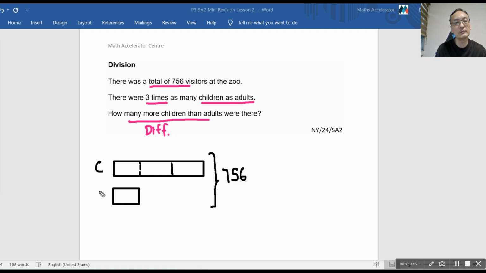So these are the children, these are the adult. As you can see, we have 4 units over here. 1, 2, 3, 4. So 4 units is equal to 756. So in order to find 1 unit, we will take 756 divided by 4.